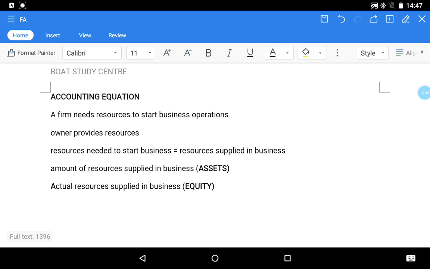he sees those things as capital. But remember, capital is under owner's equity. So those resources are considered as owner's equity or capital.